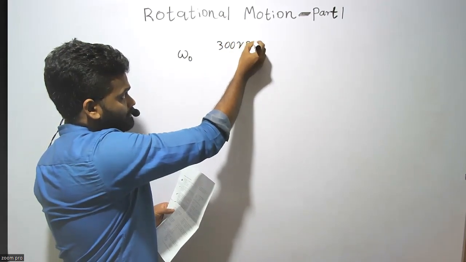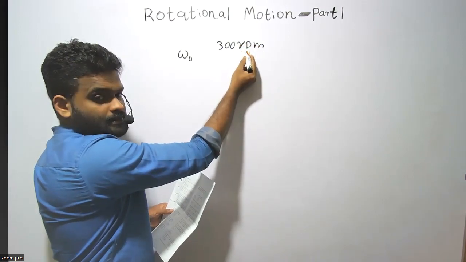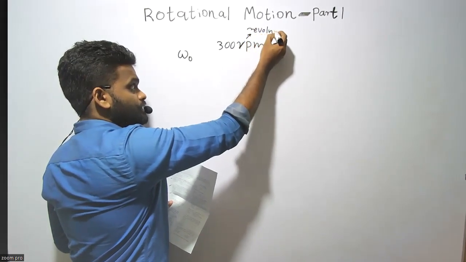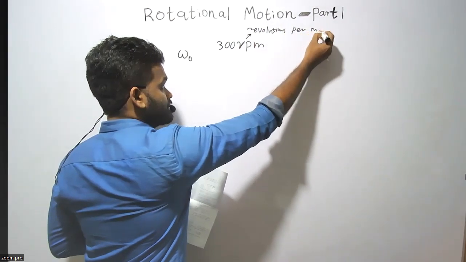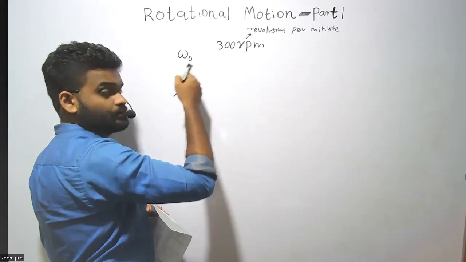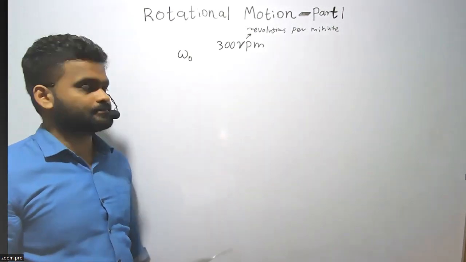What does RPM mean? RPM means revolutions per minute. If you want, you can take it down. Revolutions per minute. But whenever you substitute these in the equations, you need to convert that into radians always.